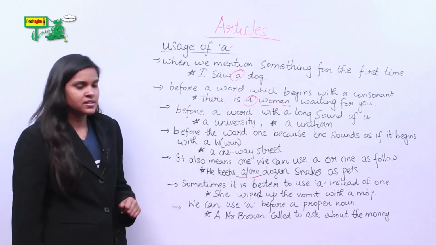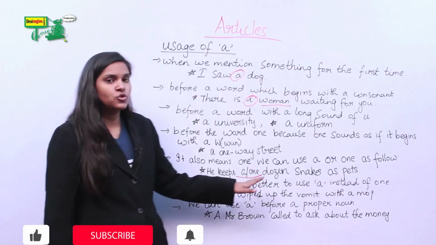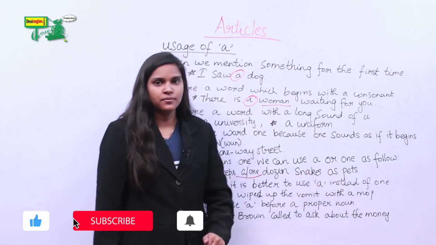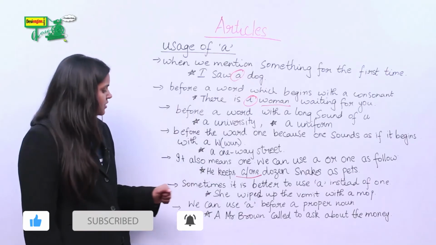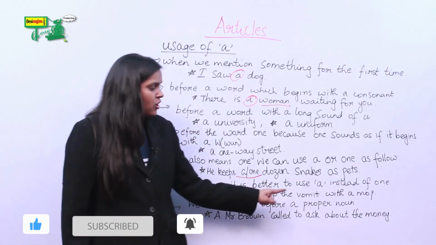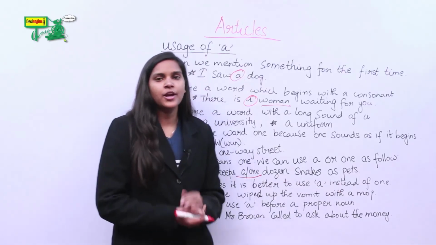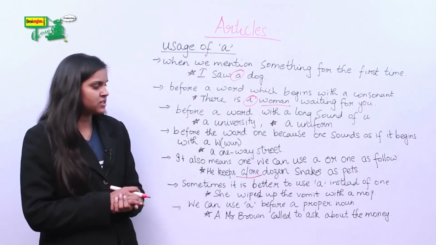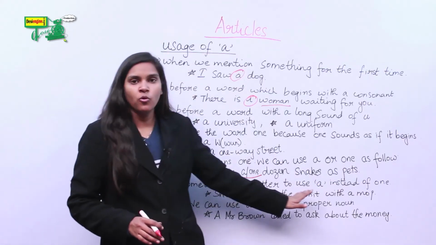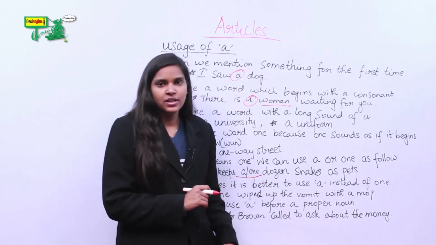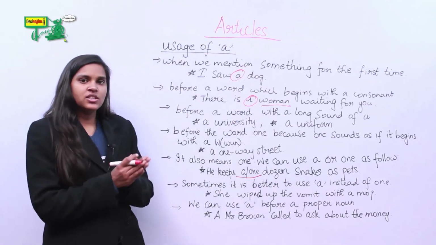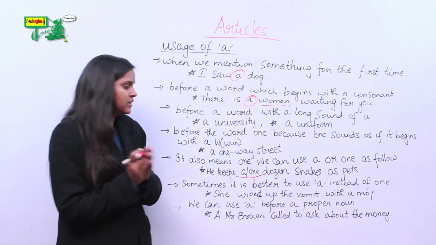The next rule is sometimes it is better to use a instead of one. An example of this rule is she wiped up the vomit with a mop. It would be very inappropriate to say she wiped up the vomit with one mop. Therefore, the article a has replaced one.